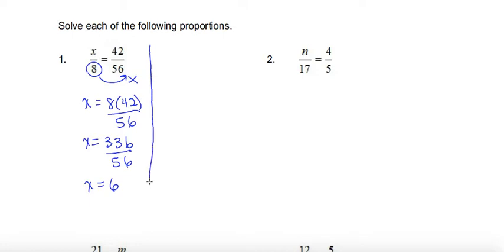So the other method would be to simplify this fraction first. So I could simplify this fraction by dividing both of these by 7. So that's important for us to know.